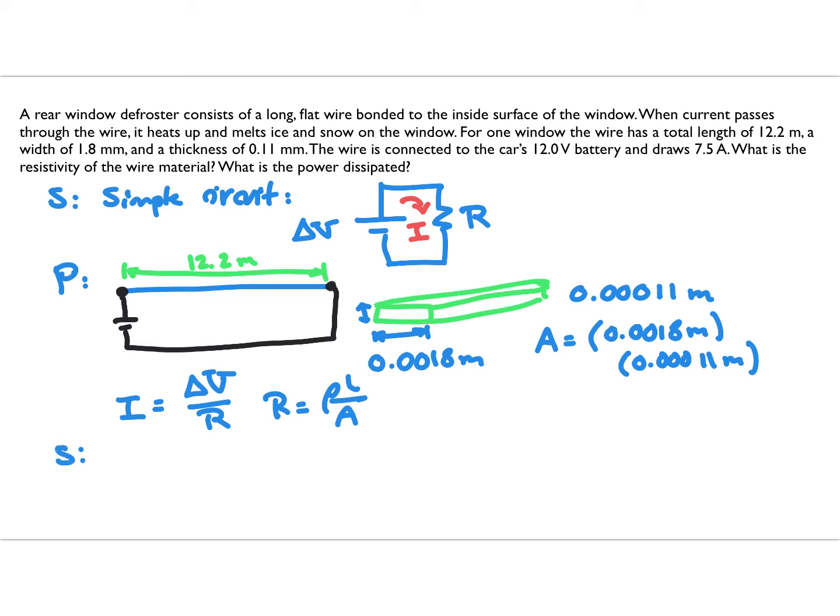The first step in the solution is this. The wire is connected to the car's 12-volt battery and draws 7.5 amps. I can calculate the resistance because our basic equation for the simple circuit was current equals delta V divided by R. I can rewrite it as resistance equals delta V divided by I. I know delta V, the potential difference placed across the wire, is 12 volts, and the current to the wire is 7.5 amps.